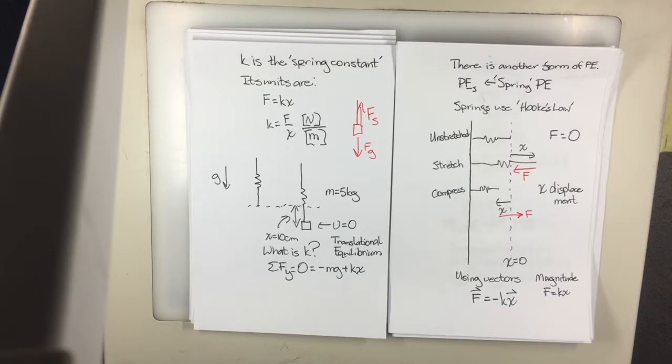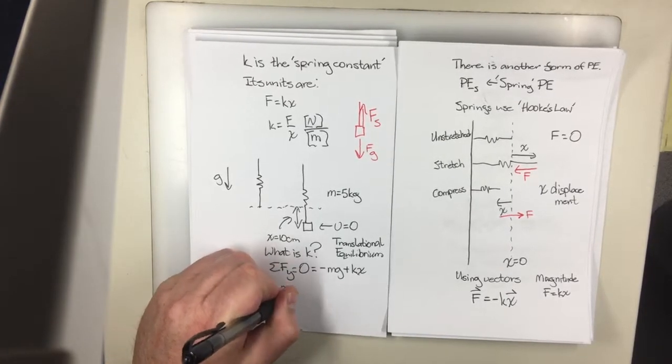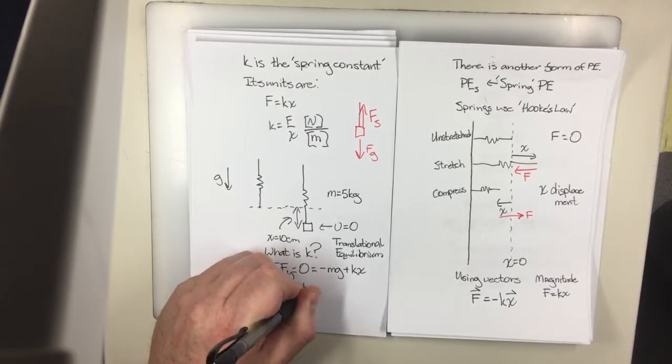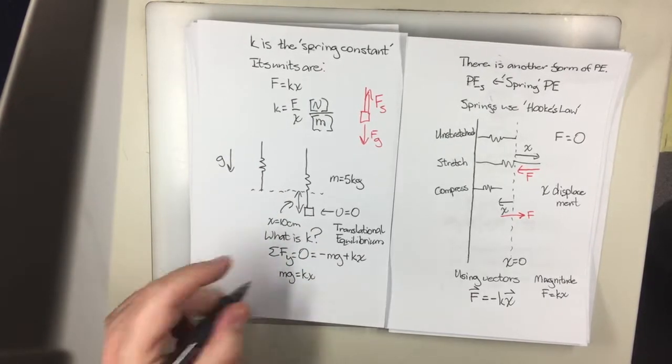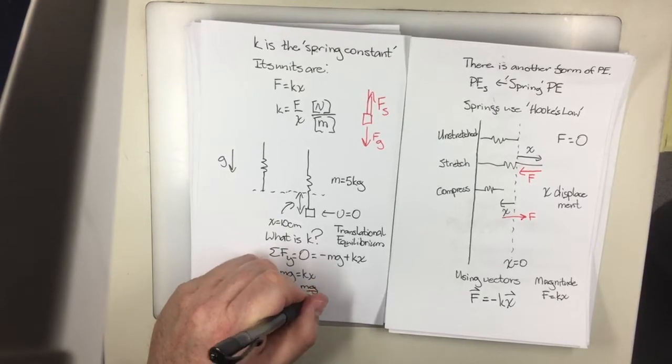It just bothers me. But I know for a fact that that force has to be up. I've set my axis so that up is positive. So I'm just going to give it a positive and not sweat all that logic that has to go into it. So mg is equal to kx, or k is equal to mg over x.